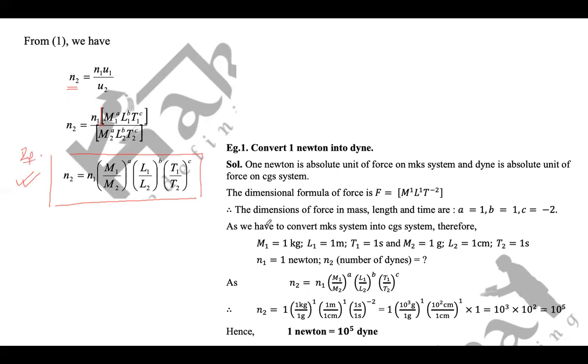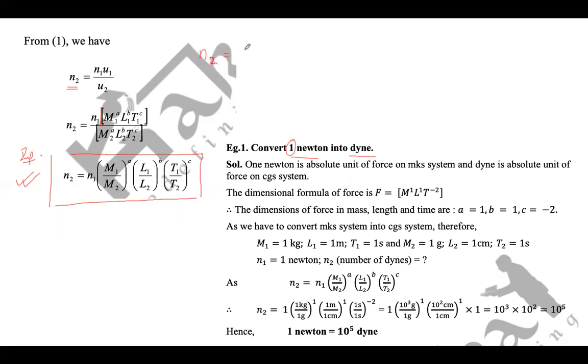So let's say we have to convert 1 Newton into dyne. We know that Newton is an SI unit and dyne is a CGS unit. So we have to convert 1 Newton. N2 is the numeric value of the dyne.